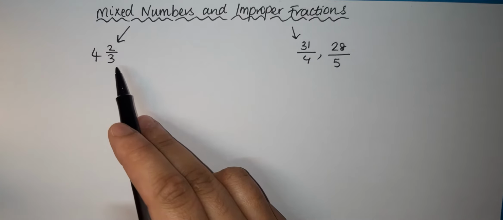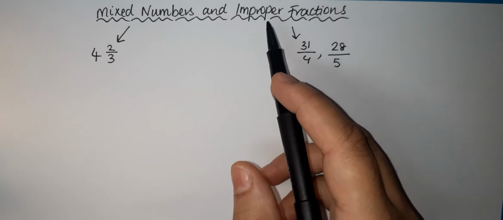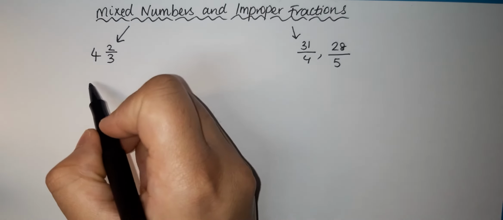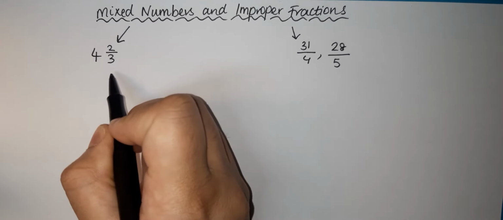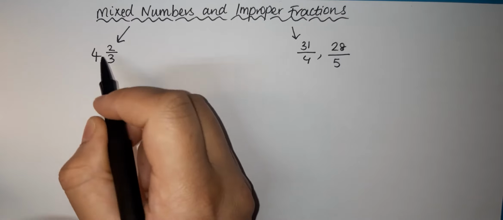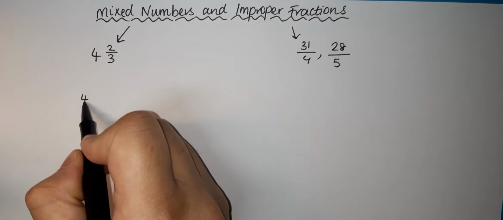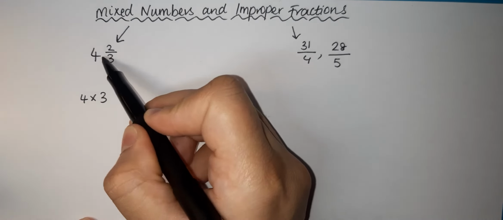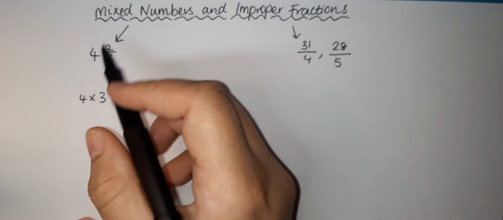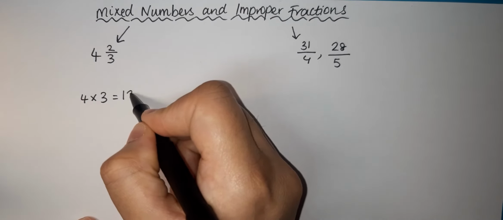So 4 and 2/3 can be written as an improper fraction. The quickest and simplest method that I like to use is we do 4 times 3, so we multiply the integer and the denominator. We get 12, right?